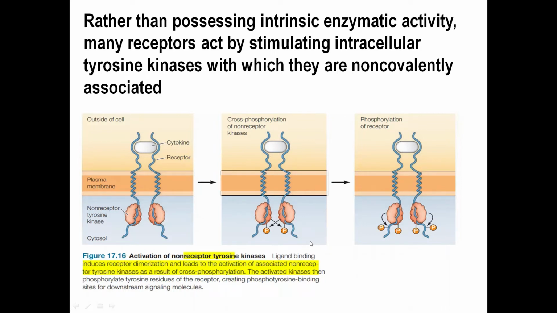The only difference is that the kinases are non-covalently bound to the C-terminal domain of the receptor. And in case of RTK, that is receptor tyrosine kinase, this kinase activity was the intrinsic property of the receptor itself. And there is autophosphorylation, cross phosphorylation, and then generation of phosphotyrosine binding sites, which was also similar in case of RTK.